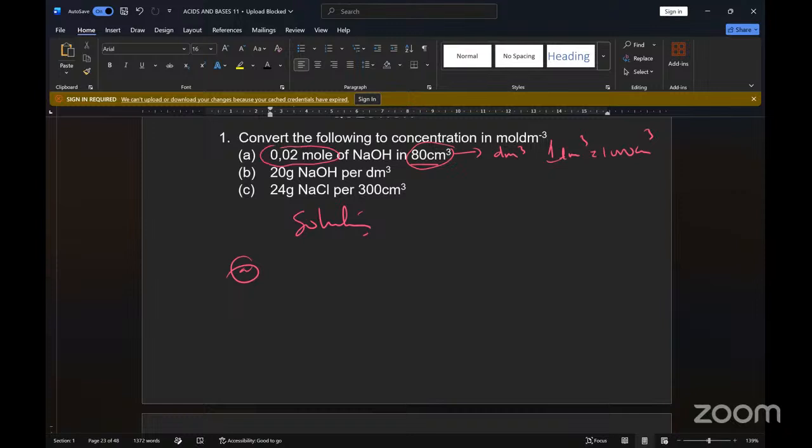So all you have to do is to use the formula: concentration is equal to number of moles over volume. Your number of moles is 0.02 mole, and your volume V is 80 centimeters cube.